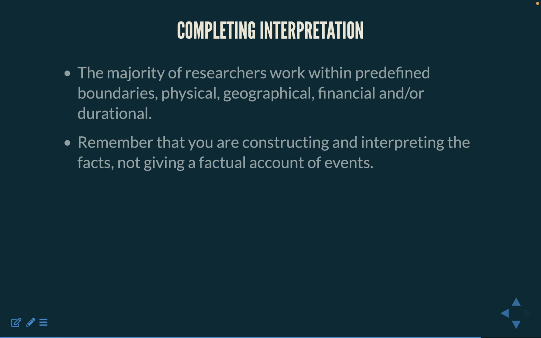This will be a combination of preparatory work you did in constructing your literature review, the wider context you have presented based on your secondary sources concerning your specific topics or areas closely related to it, and your primary analysis. Remember that you are constructing and interpreting the facts, not giving a factual account of events.